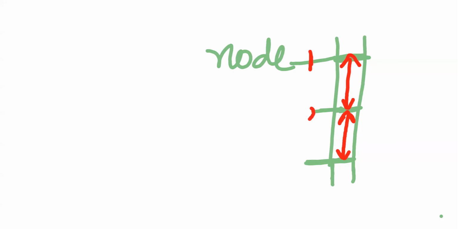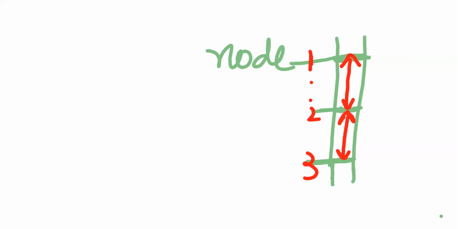At certain intervals, this type of structures are present on the stem, and these we call nodes. These all are known as nodes. Now, the region between two successive nodes, 1, 2, 3, suppose.